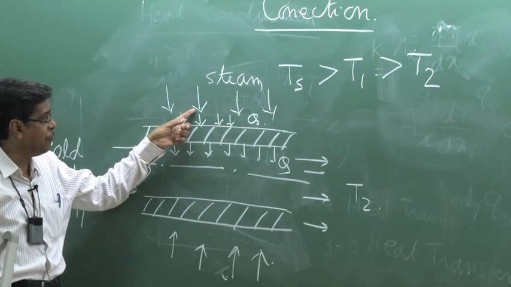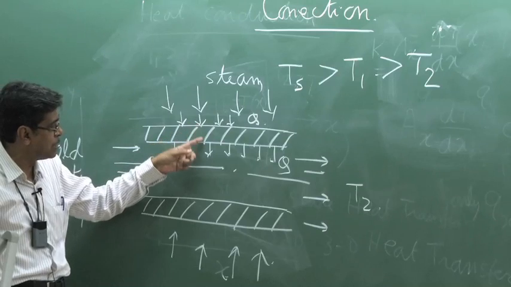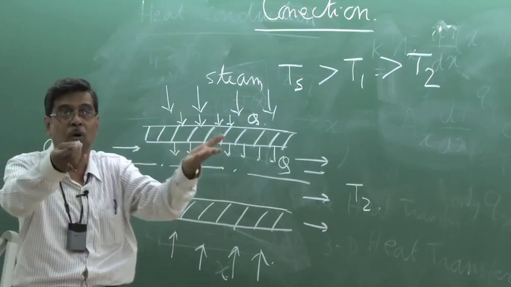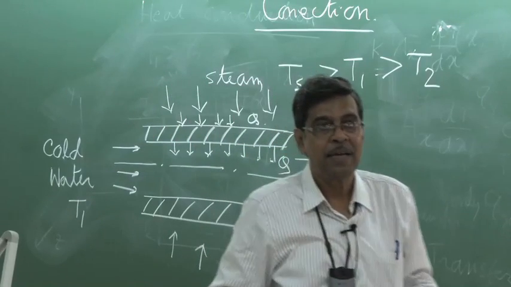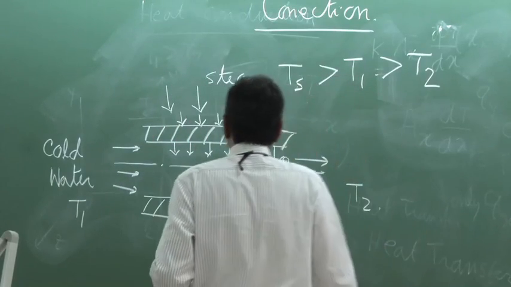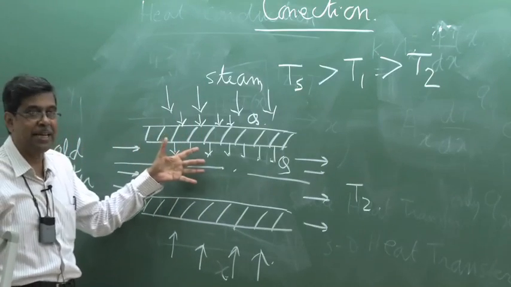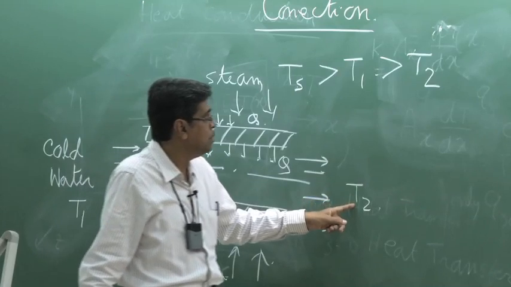So one convection from steam to the outer surface, then conduction from the outer surface to the inner surface through the solid, then from the inner surface to the cold water, heat will be transferred. It is just like a relay race. And water will carry this heat, or rather advect this energy, and go out with a temperature.